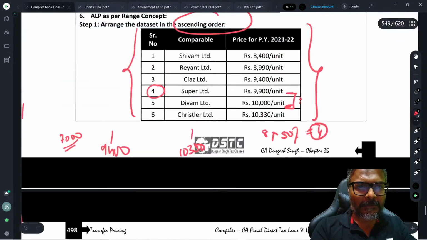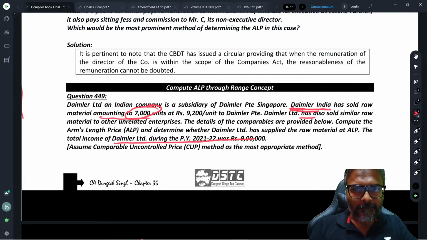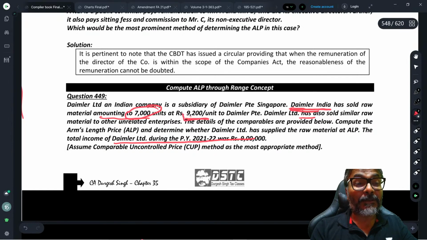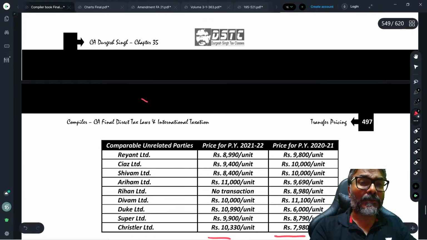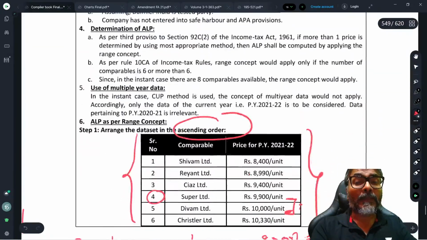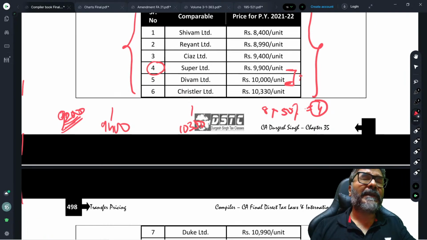How come 750? At what price, students, have you sold? Sorry, 9,200 per unit. You have sold at rupees 9,200. Even in that particular case, your price was 9,200, not falling within the range.